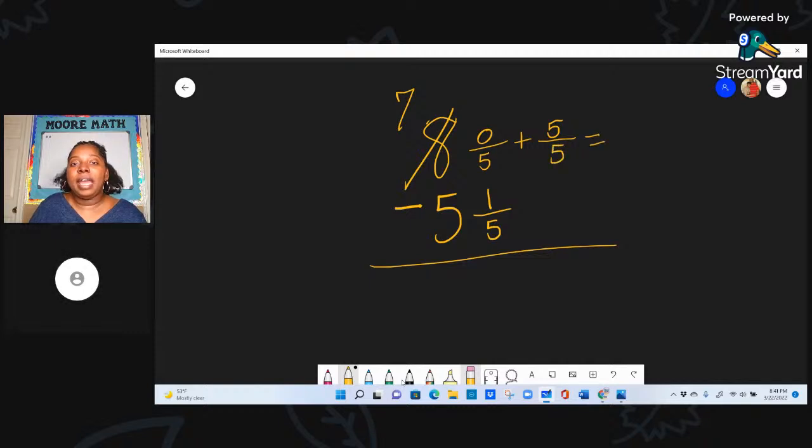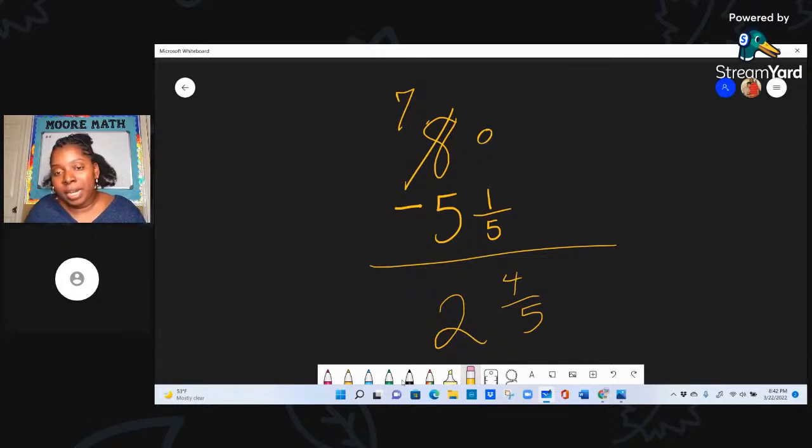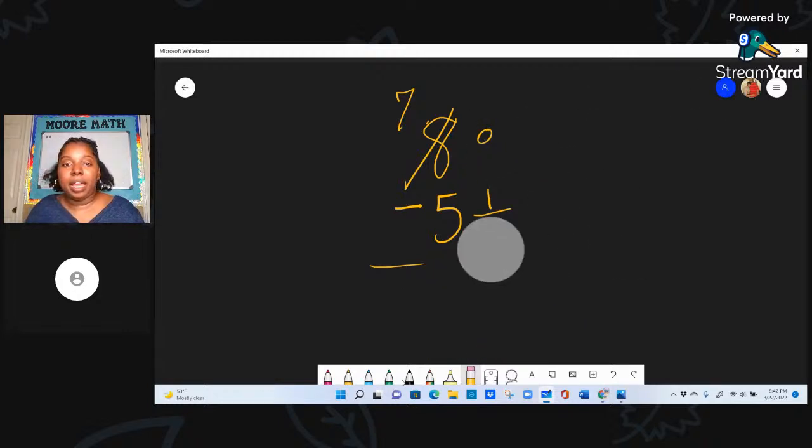Good. And then go straight across. What's my numerator? 5. Good. And there's a 5 on the bottom. I just wanted to make sure you knew that if there's no fraction there, it's really 0 over whatever the denominator is.